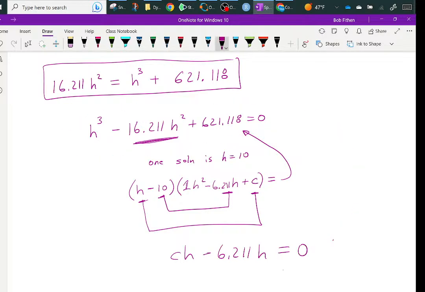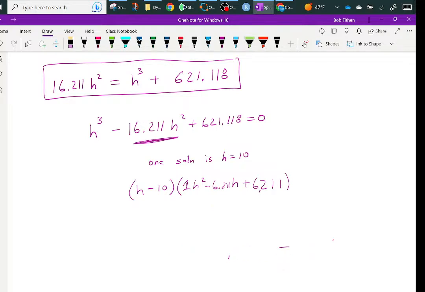So that means C has to be, hang on. Wait a minute. Minus. Wait. It's got to be plus, right? It's got to be plus 6.211. Now, did I satisfy the constant term?